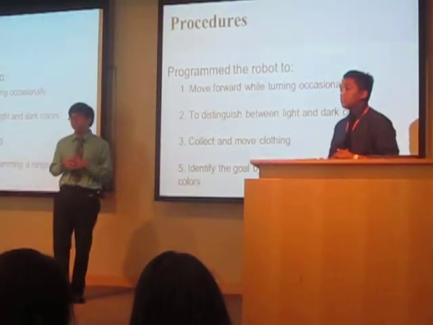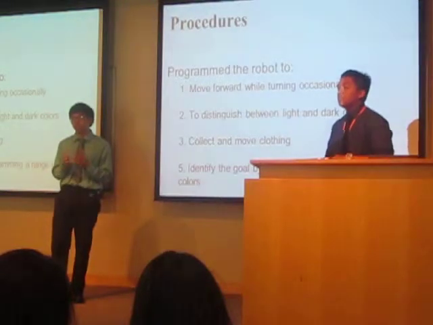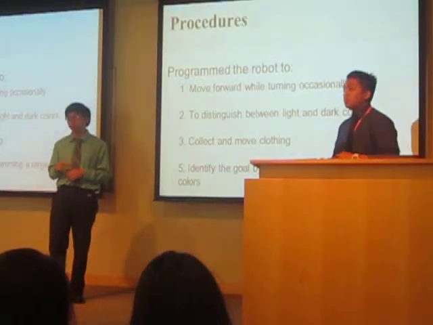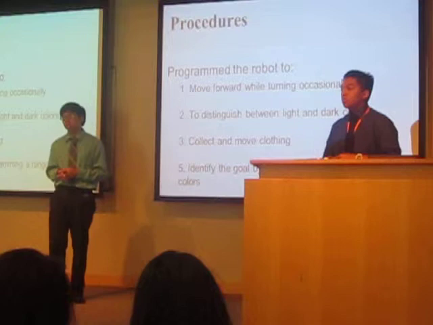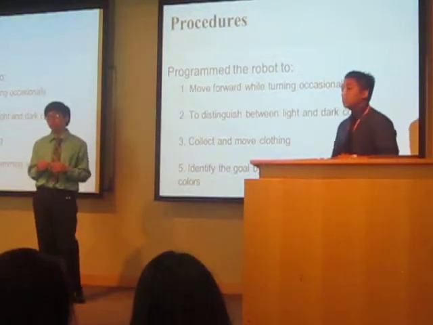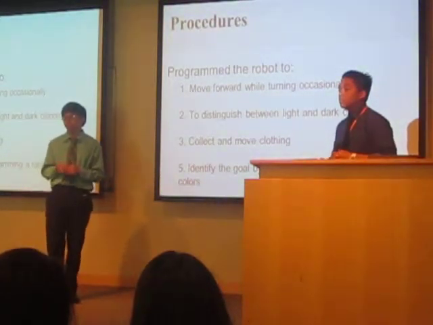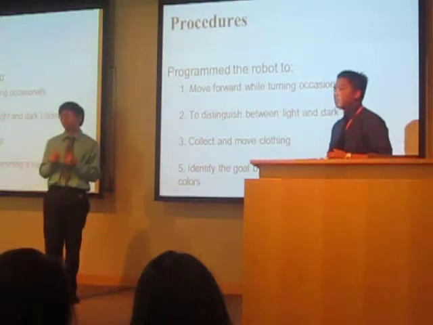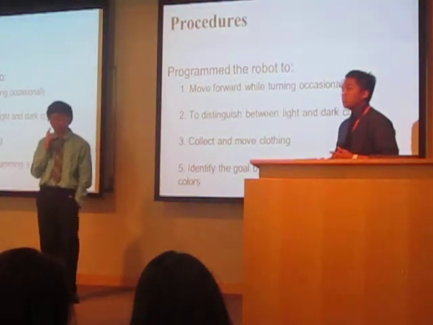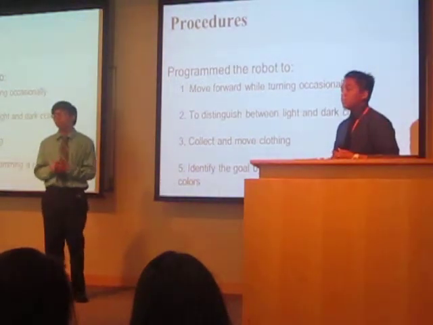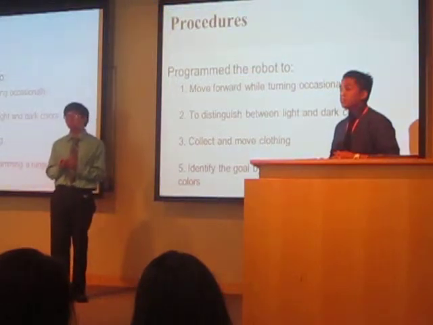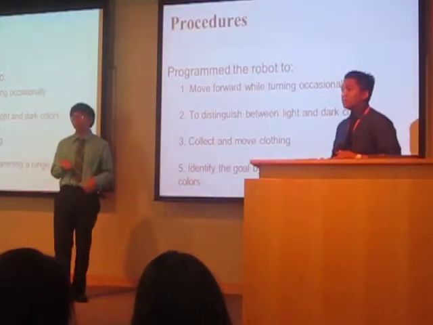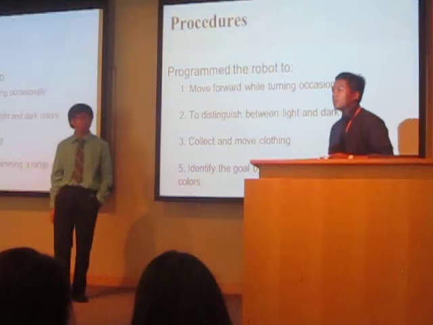And once it does that, it'll pick it up and then it'll try to look for the laundry basket, or in this case, we're using a blue square to represent the laundry basket. So it'll also do a similar thing where we programmed it to follow the goal, and once it goes to the goal, it'll drop off the piece of clothing, it'll back up, and then it'll repeat the process to find more clothing.